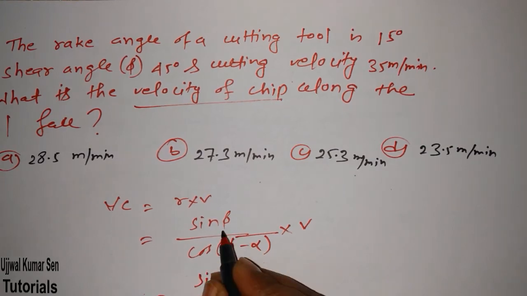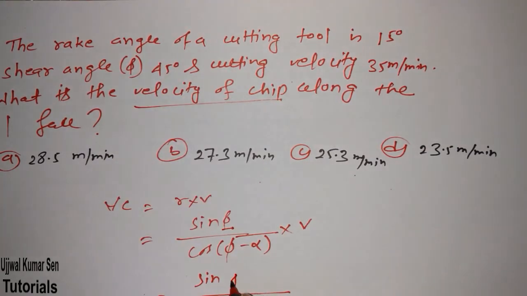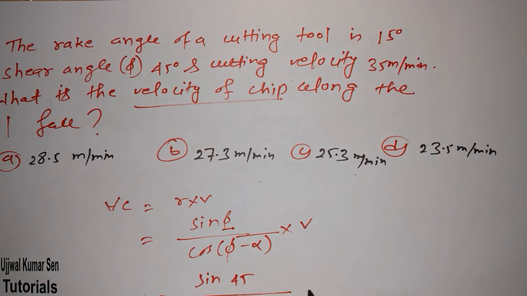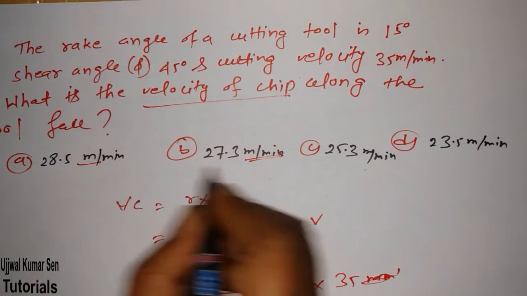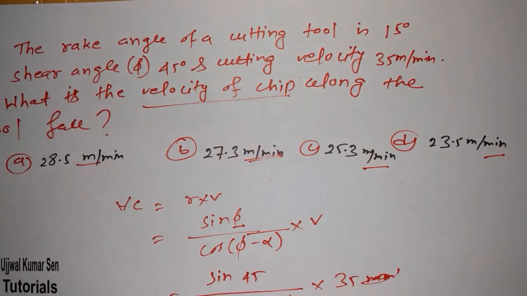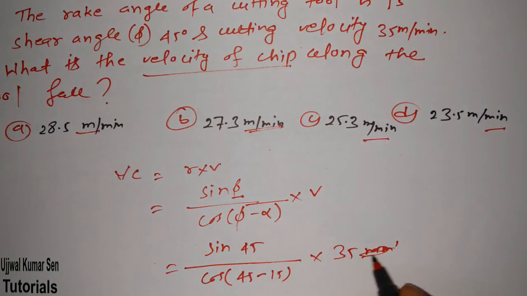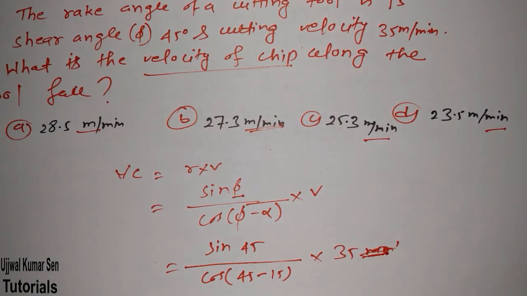So first, sine phi, where phi is the shear angle, that is 45, cos of 45 minus the rake angle, which is 15 degrees, into v, the velocity, which is 35 meters per minute. We don't need to change the unit, because the asked unit is already meters per minute, so the remaining unit will be meters per minute.